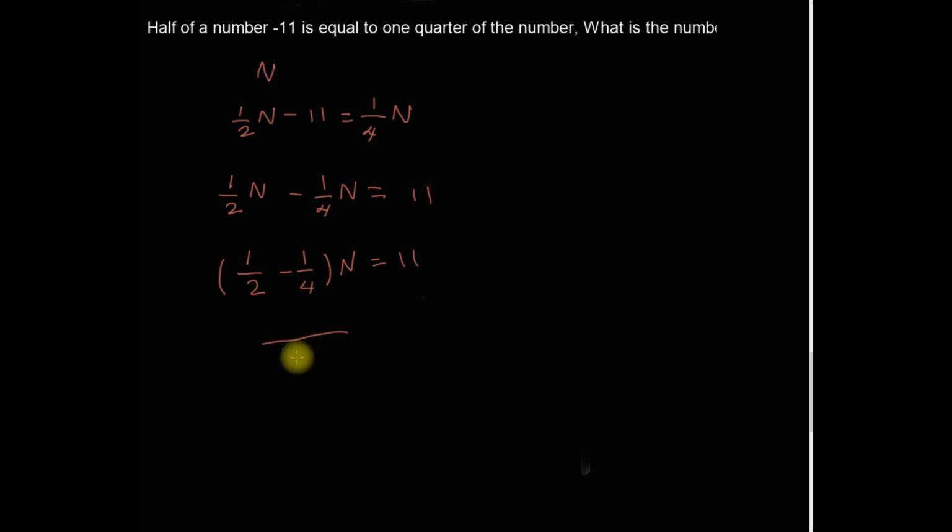Here the common denominator is 4. This becomes 2 minus 1 of n over 4, equal to 11. So I have 1/4 of n is equal to 11, which basically means n over 4 is equal to 11 over 1. Cross multiplication gives n is equal to 4 times 11, which is 44.